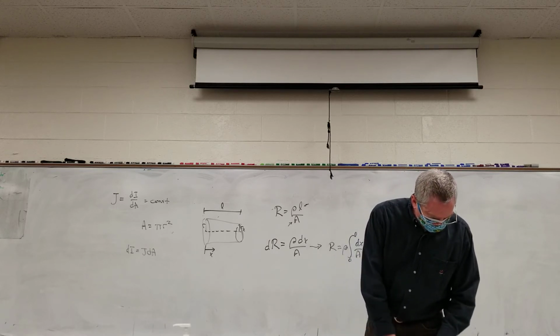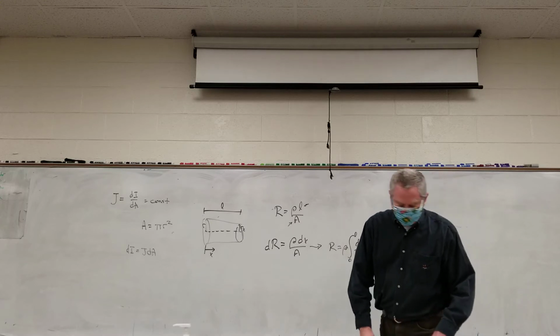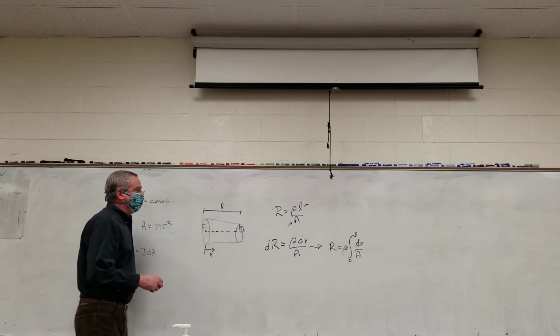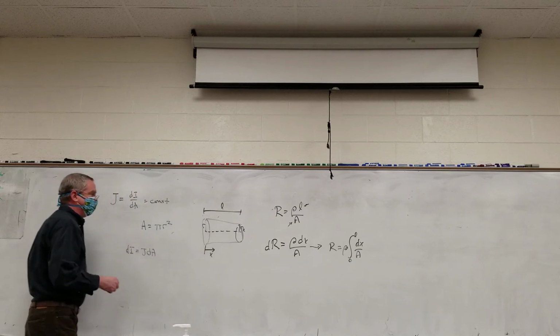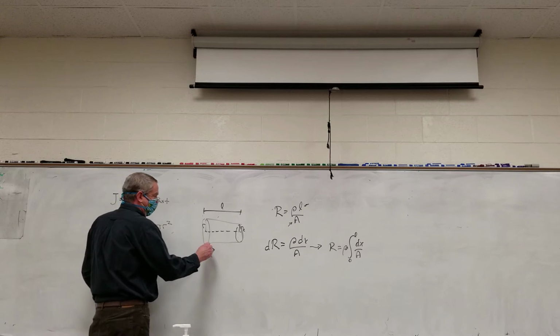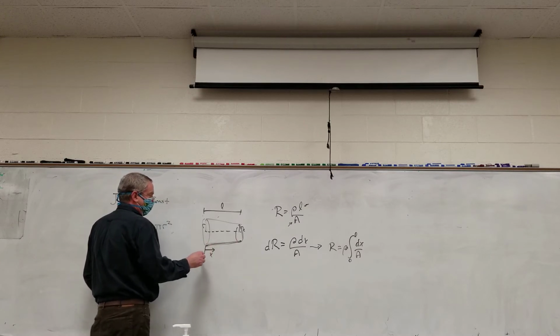I'm sure I haven't gone too far astray here. The area is pi r squared, so the question is, what is r as we move along? Basically I have a slope.